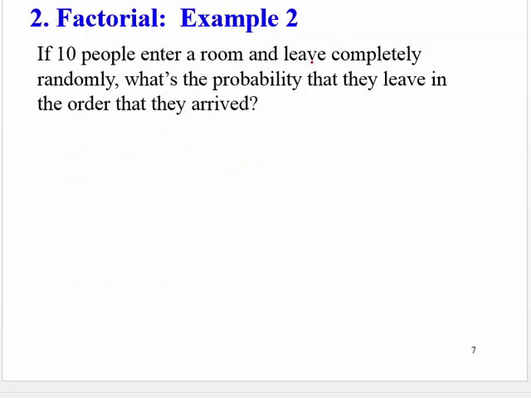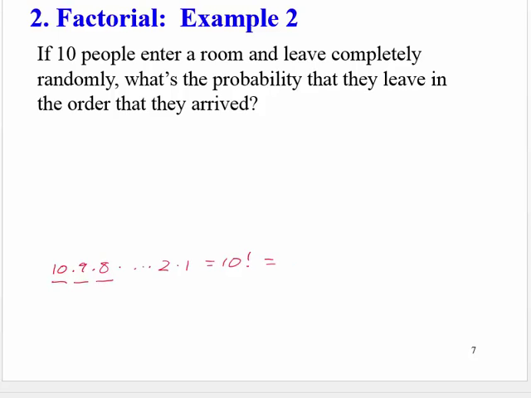Now, if 10 people enter a room and leave completely randomly, what's the probability that they leave in the order that they arrived? Okay. Well, there are 10 people in 10 slots, right? So the first choice was 10 times 9 times 8 times down to times 2 times 1, which is 10 factorial, right?